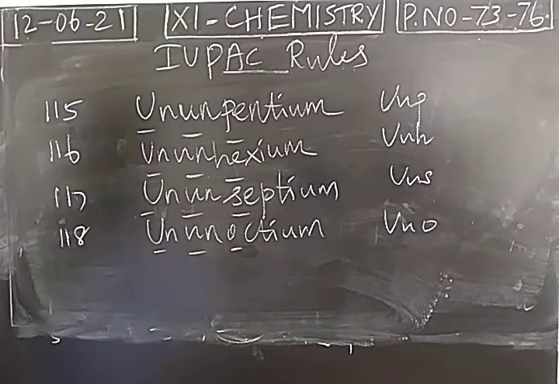So you have to know this method. Up to 118 elements, the authentication process is over. If we identify a new element with atomic number 119, until the authentication process is over, we have to follow the temporary name. So 119 means ununennium, like that. We have to know how to write the temporary IUPAC name.